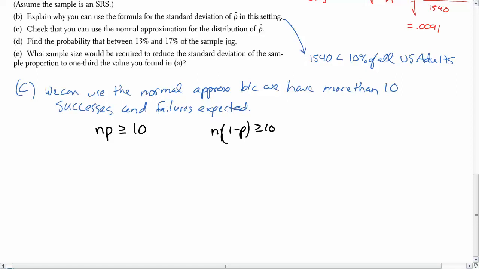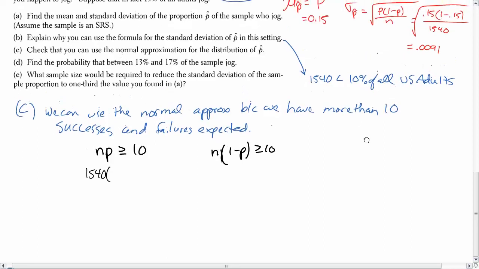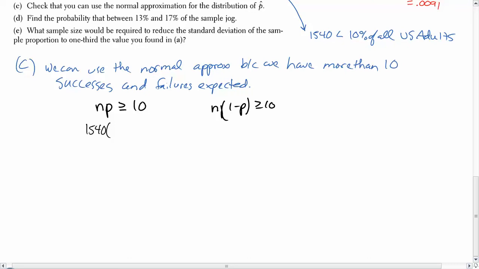That's your 10 failures. So we have 1540 times the true population proportion of adults who jog, 0.15. Is that greater than or equal to 10? Also, 1540 times 1 minus 0.15. Is that greater than or equal to 10?